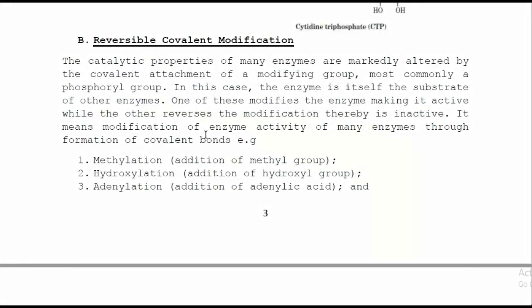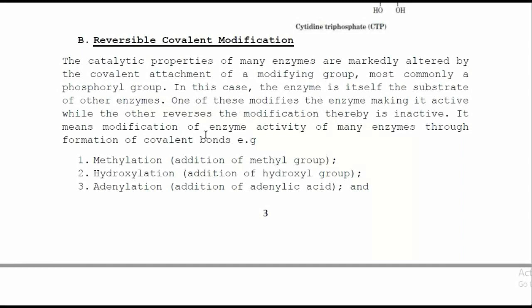Then the next form of regulation is reversible covalent modification. Reversible covalent modification deals with the formation of covalent bonds. Covalent bonds are permanent bonds, but in this case these bonds can be reversed.